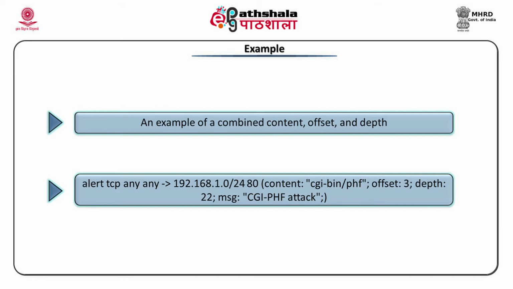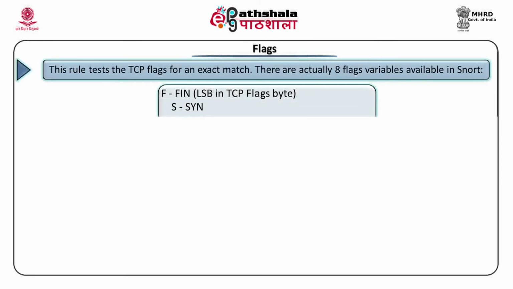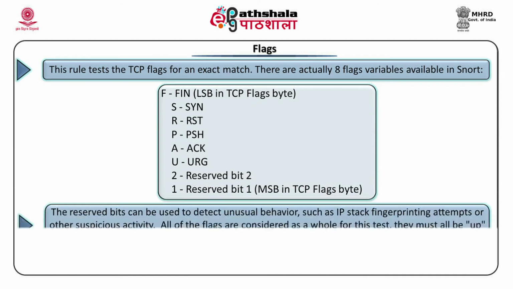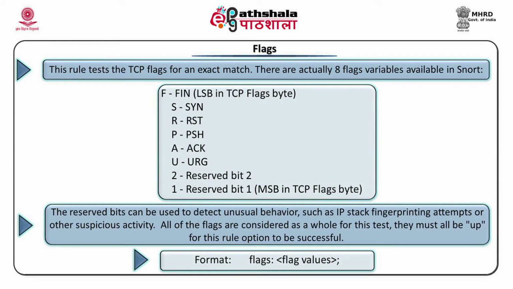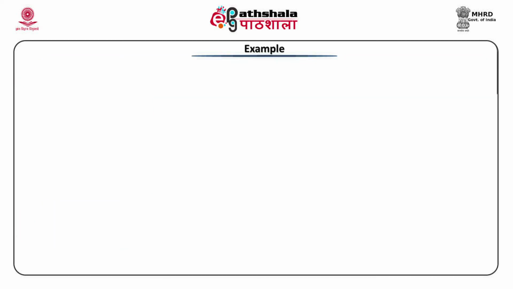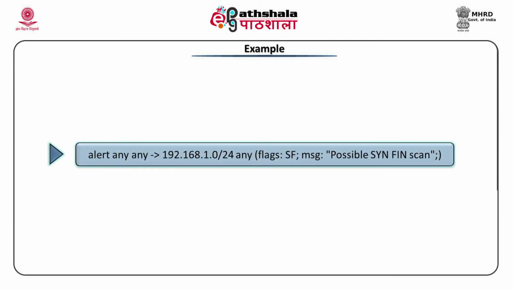The example is, if we want to find a certain pattern and we are sure that it is in the first 20 bytes, then there is no point in going beyond that. So, we can specify depth to be 20. For example, alert TCP any, destination port, content is cgi-bin, offset is 3, that means start search from the 3rd byte and go up to the 22nd byte.